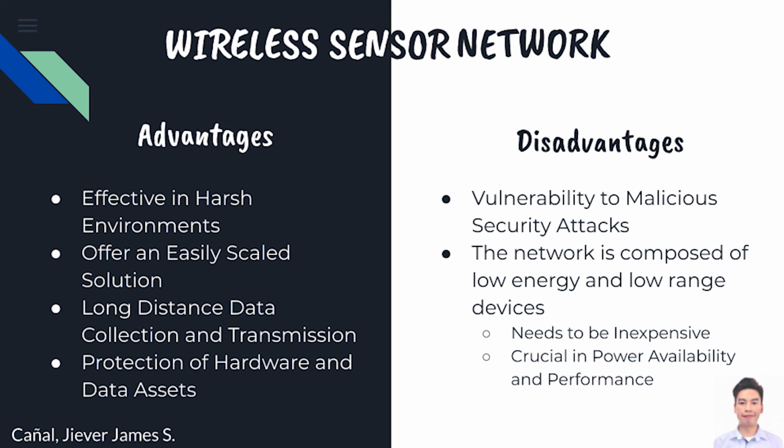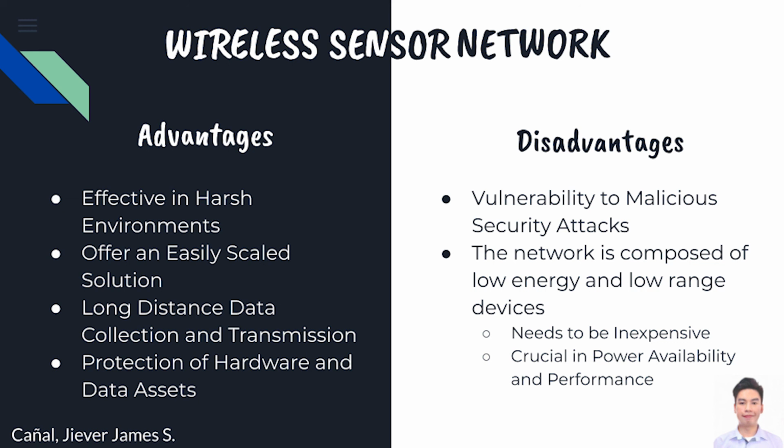It also offered an easily scaled solution. The typical network architecture of WSNs makes them an easily scaled solution for conducting environmental surveillance. Long-distance data collection and transmission is also an advantage of this sensor. Each sensor node in the WSN acts as a relay station between other sensor nodes in the network and the main location where the data must ultimately be transmitted.